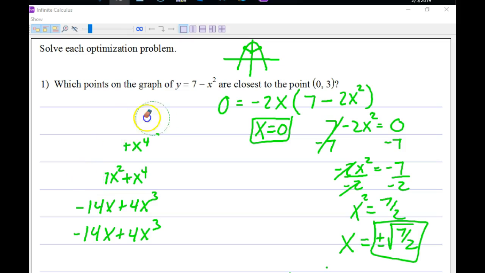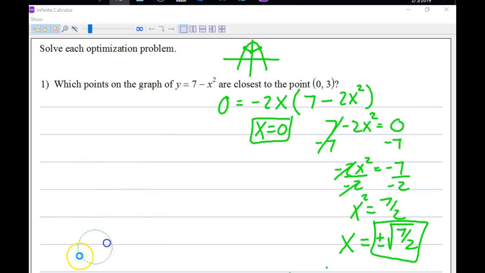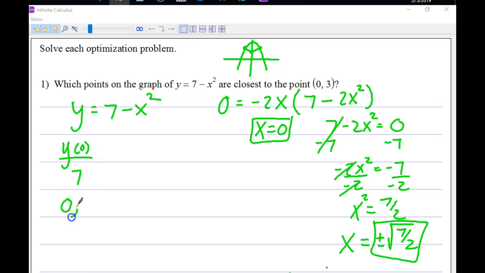Now, since the problem told us that y equals 7 minus x squared, we're going to plug in our answers. If you plug in 0, we get 7. So (0, 7) is one of our possibilities.